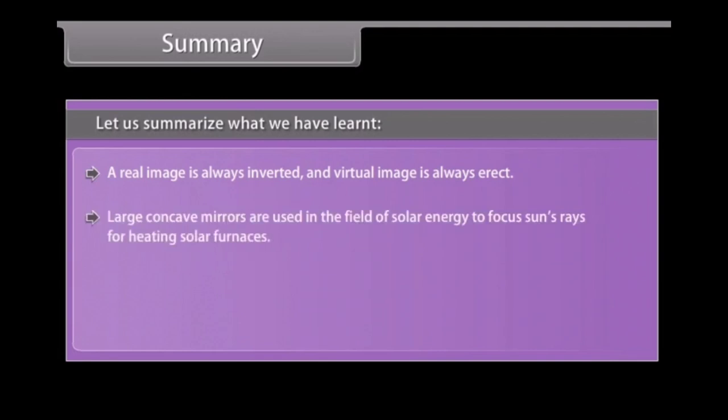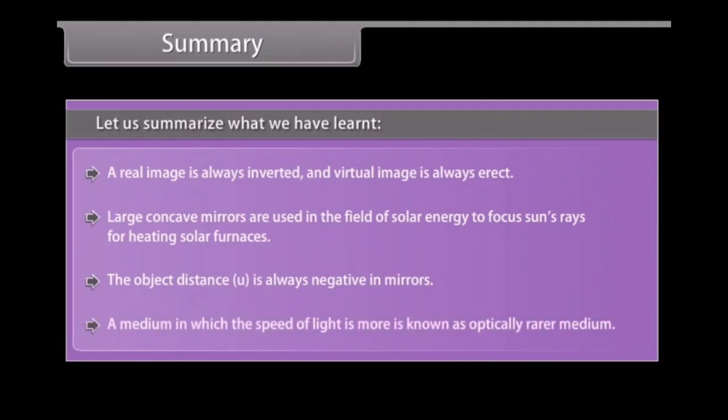Large concave mirrors are used in the field of solar energy to focus the sun's rays for heating solar furnaces. The object distance u is always negative in mirrors. A medium in which the speed of light is more is known as optically rarer medium.